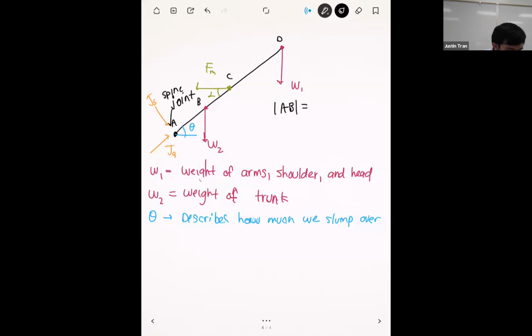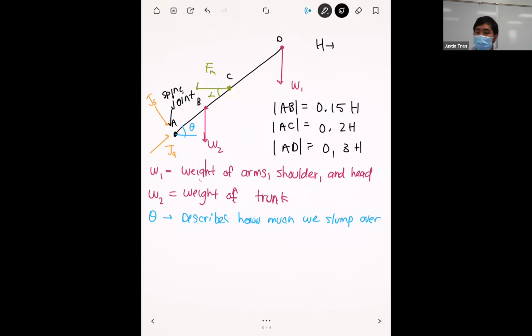The distance between A and B is going to be 0.15 H. The distance between A and C is going to be 0.2 H. And the distance between A and D, or the entire length of the spinal column, will be 0.3 H, where H here is the height of the person.